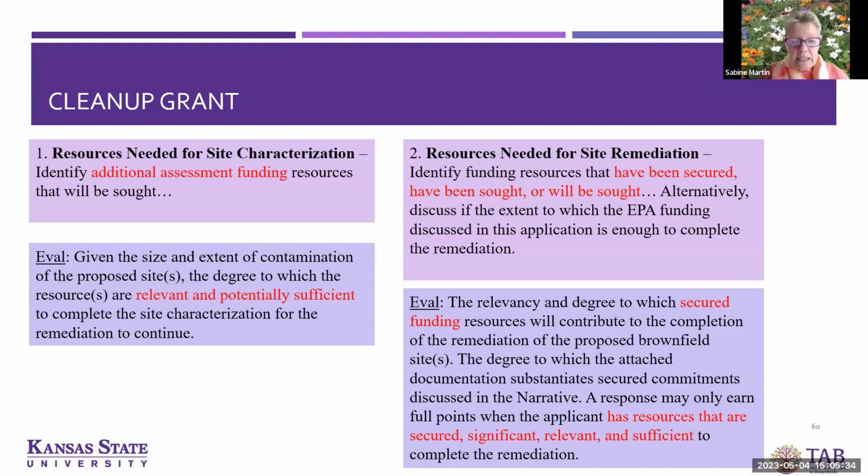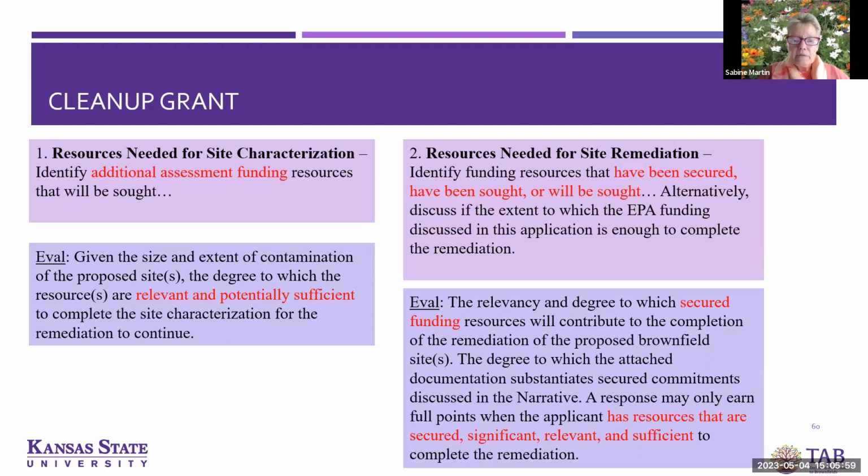It could be you don't need that, in which case you just say this is not applicable for our grant. And you will be evaluated on how relevant and potentially sufficient these additional funding sources that you mentioned will be to characterize the site for the remediation to be completed.